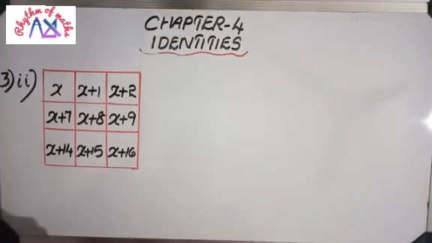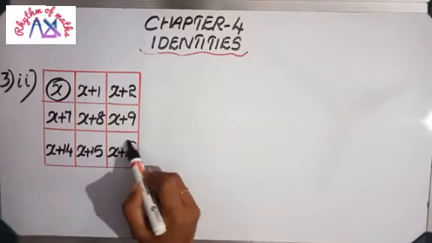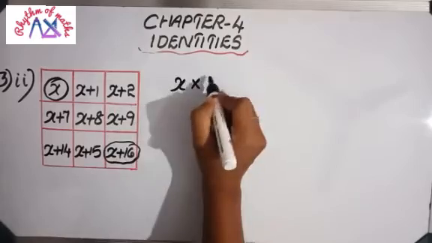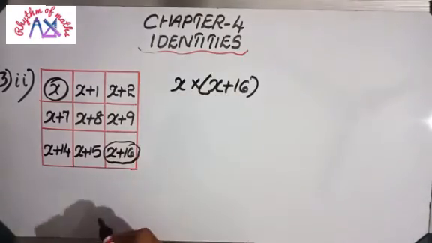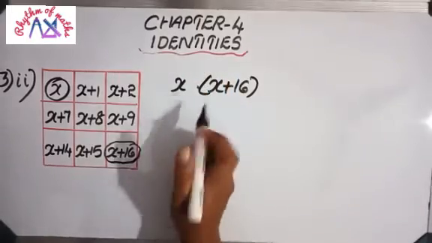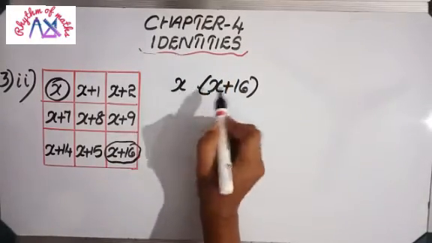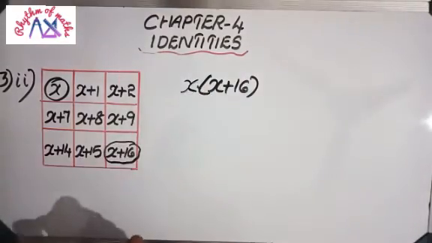The first diagonal numbers are x and x plus 16. So x into x plus 16. No need to put the multiplication sign; without it, it is the same. x into x plus 16.